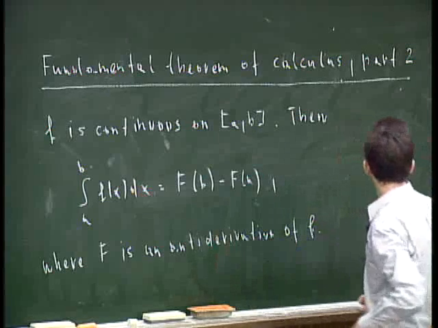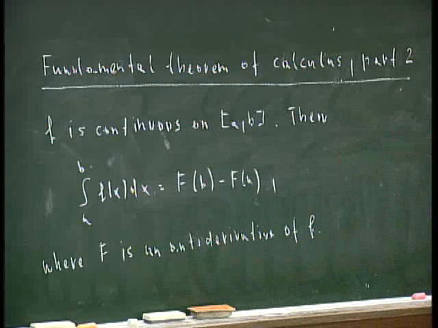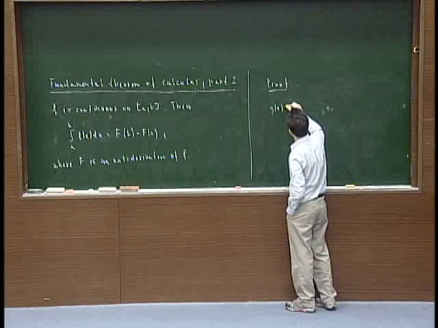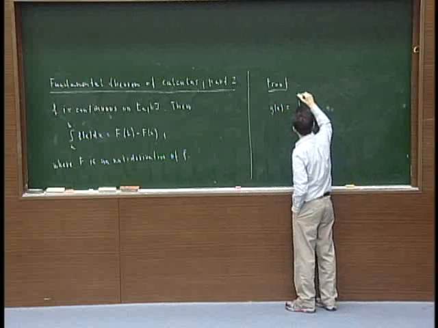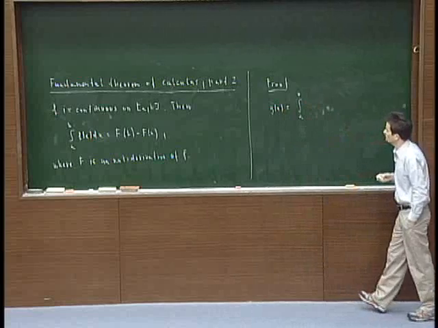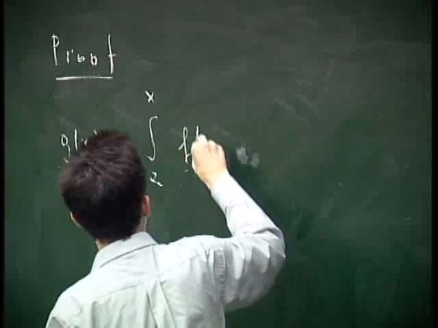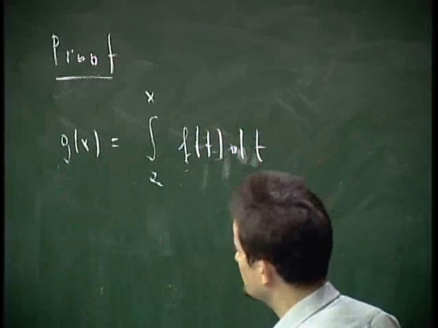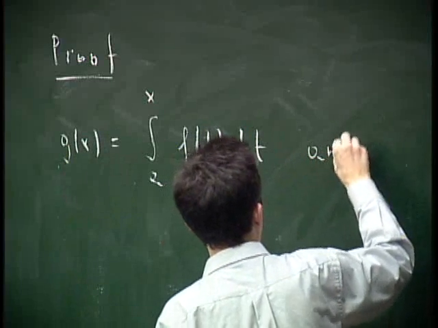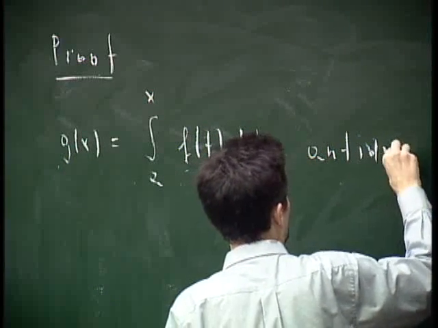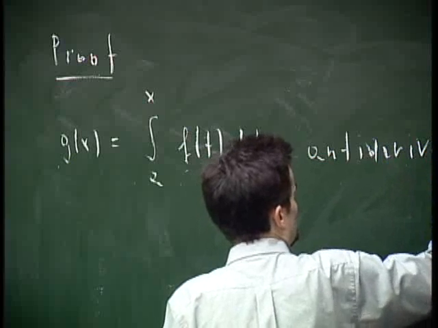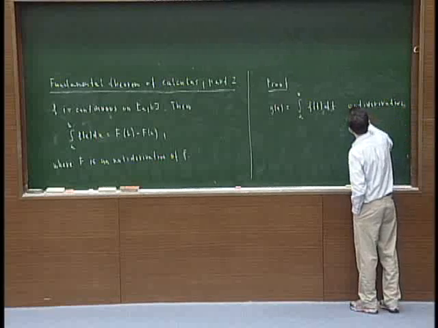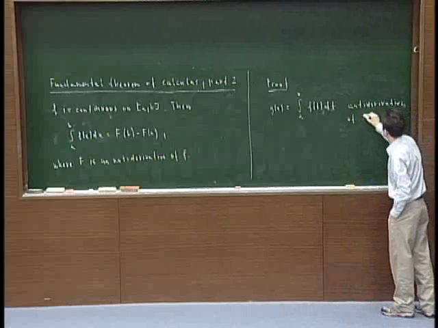Now, the proof of this result is almost trivial. We saw already that g of x, which is defined as the integral from a to x of f of t dt, is an antiderivative of f.